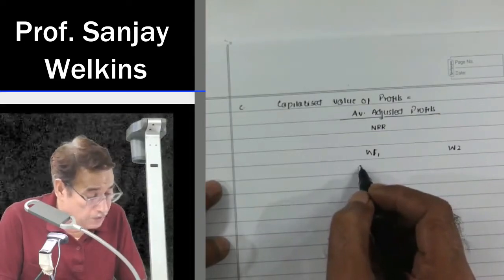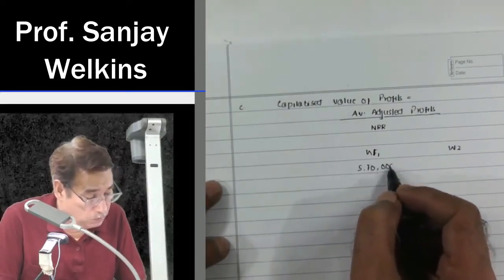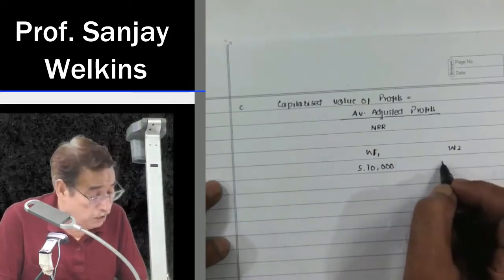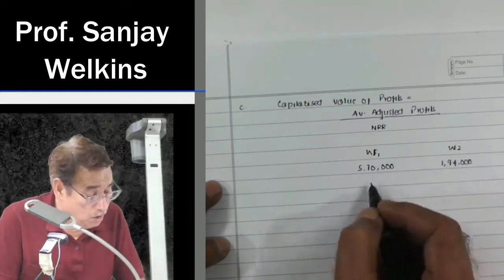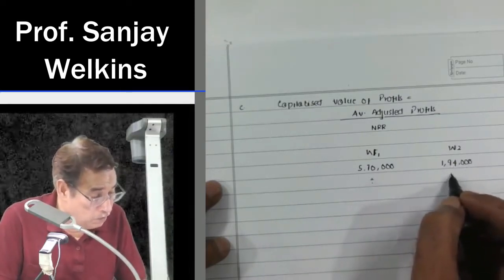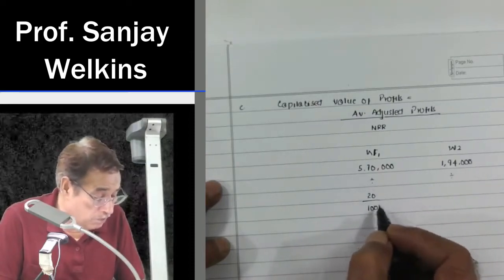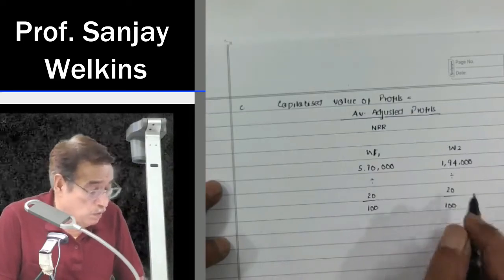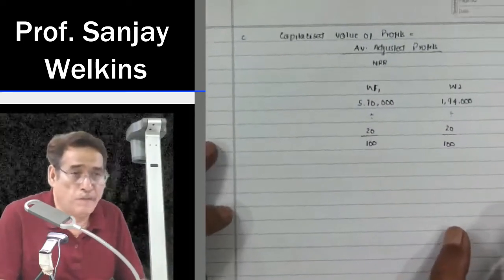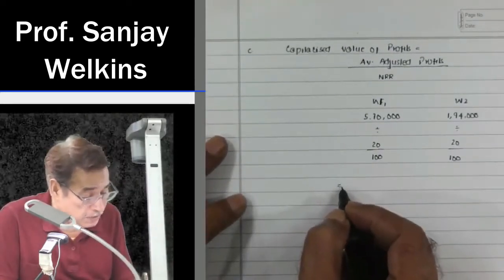So 5,70,000 is the profit of this company and 1,94,000 is the profit of this company. I will divide it by normal rate of return, which is given to us as 20%. So by dividing the average profit by your normal rate of return, what we get is capitalized value.